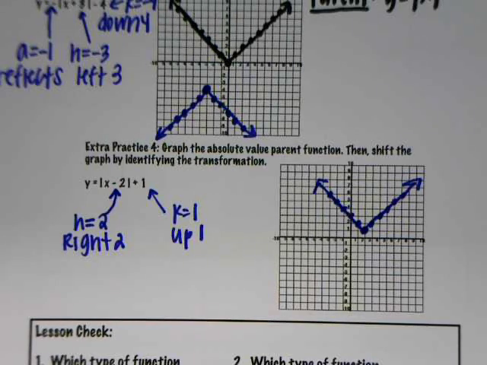So that just means it goes down when you flip it. It doesn't change the numbers. Keep the vertex where it is, and then instead of going up, just go down.